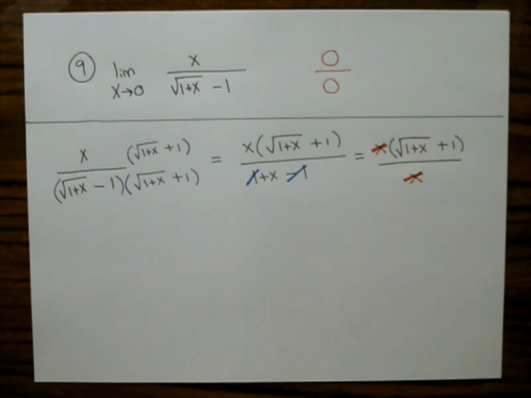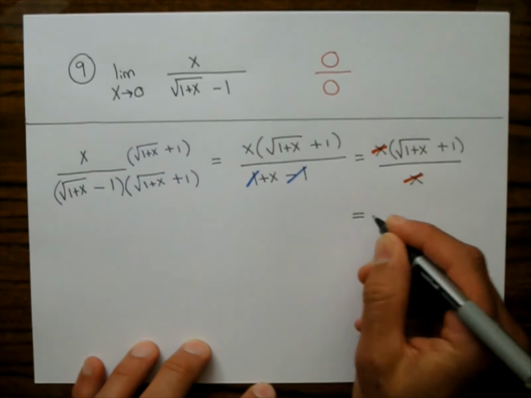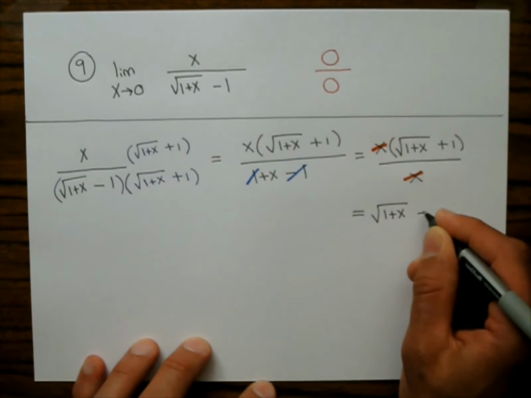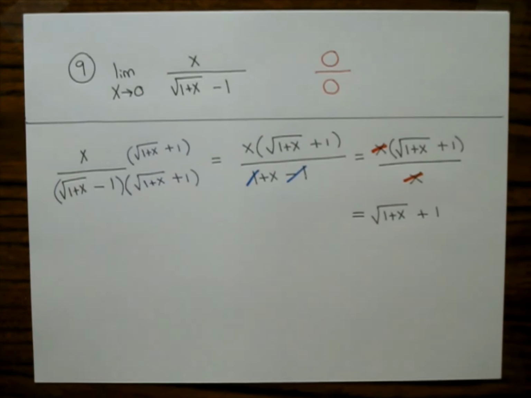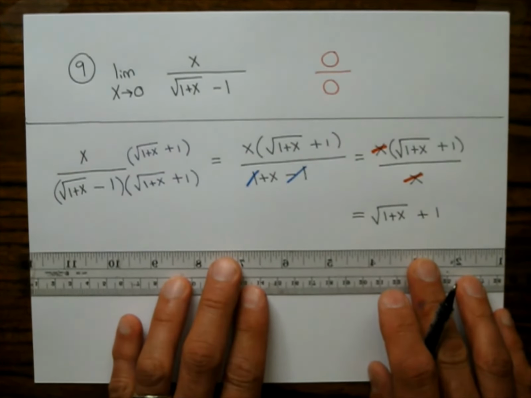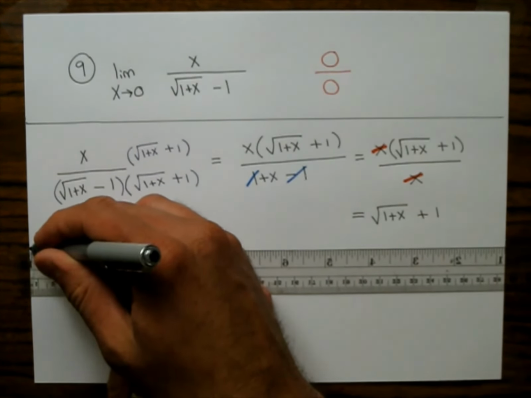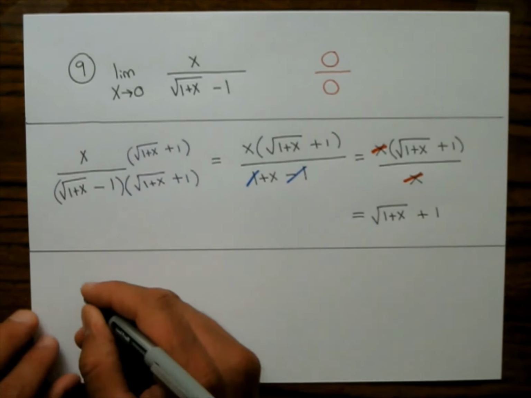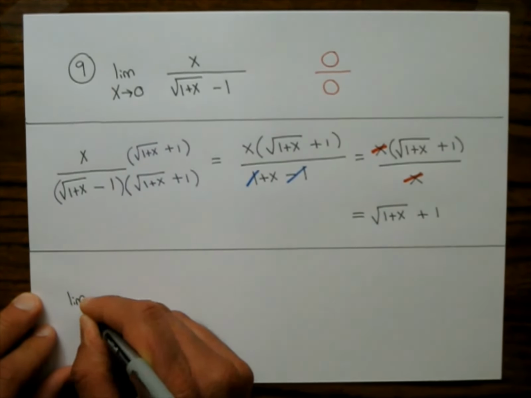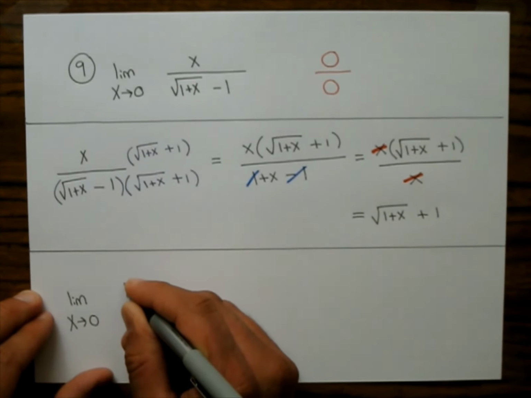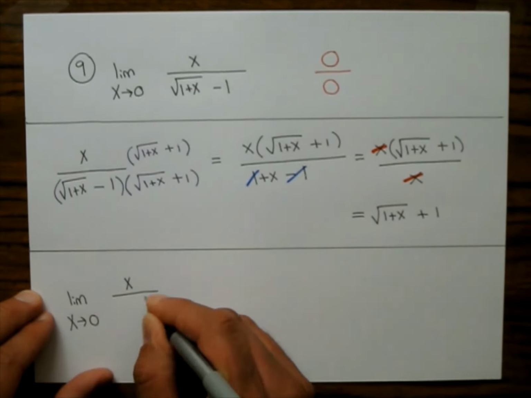And you just have this root 1 plus x, and then plus 1. So let's go ahead and draw our line, and then get back to what we're doing here. So this is the limit as x approaches 0. So this is the original problem.